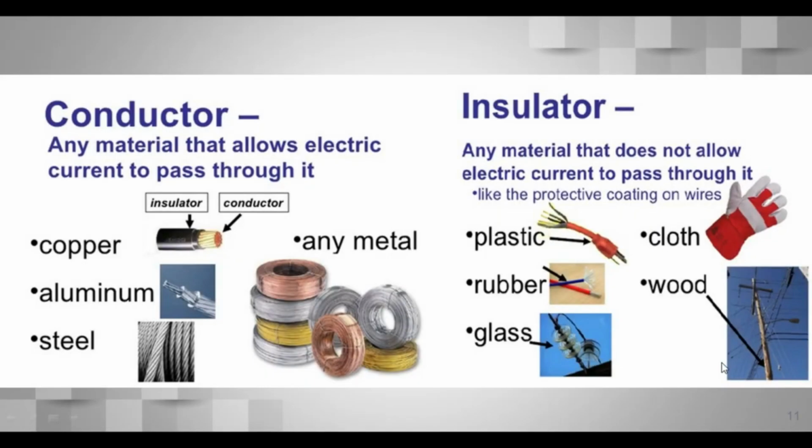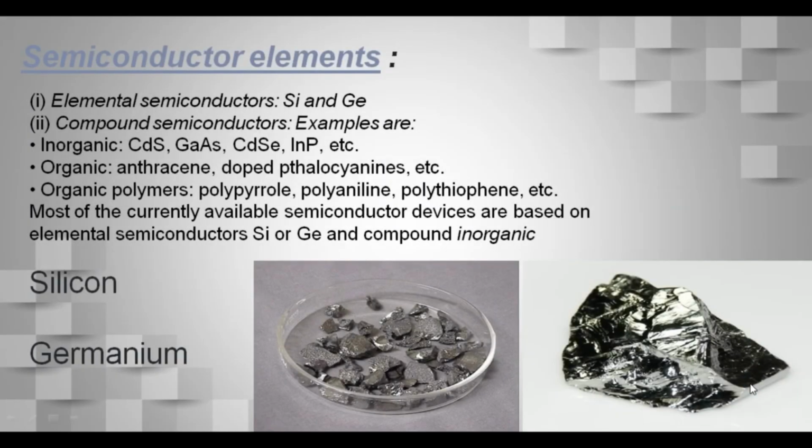Then let us discuss the difference between conductors and insulators. Conductors we have copper, aluminum, steel, gold, silver and so many other metals. Insulators we can use plastic, rubber, glass, wood, cloth. But what is our concern in this chapter is about semiconductors.